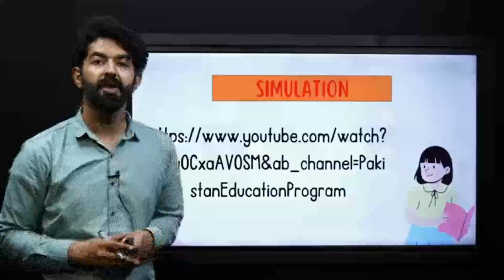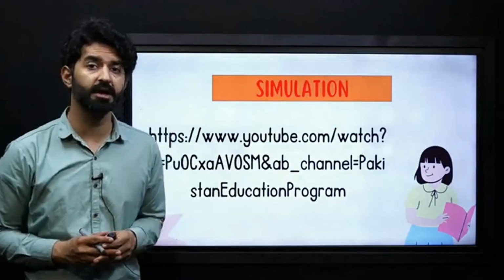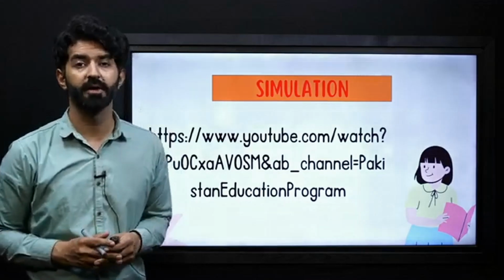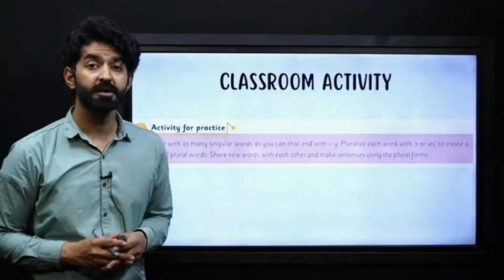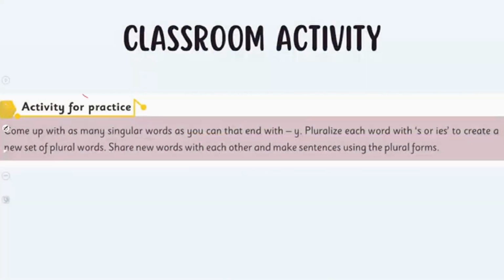Now we have a quick simulation video for your better understanding. You can watch it at any time. The link is provided. So my dear learners, for your classroom activity, we will be doing an activity for practice.